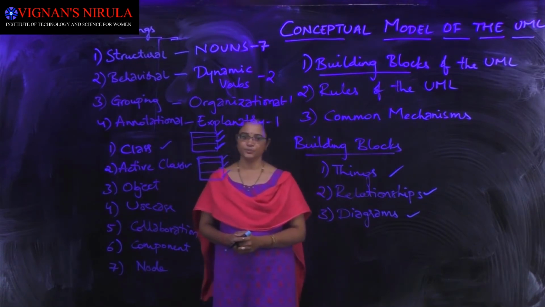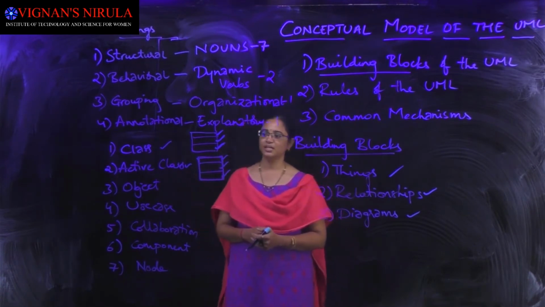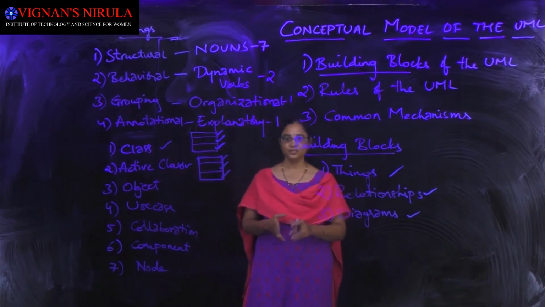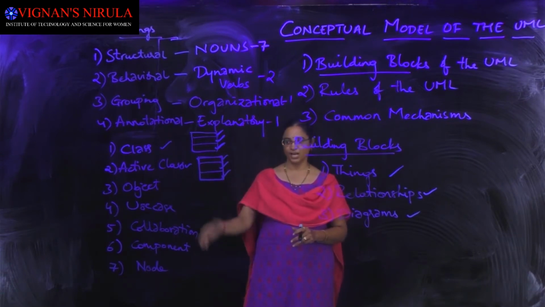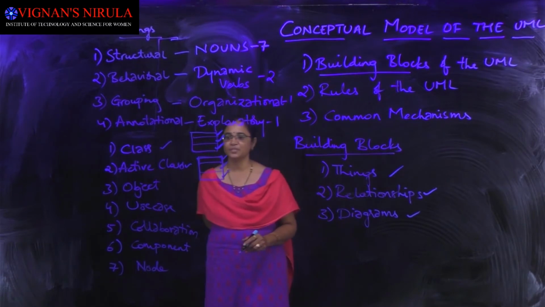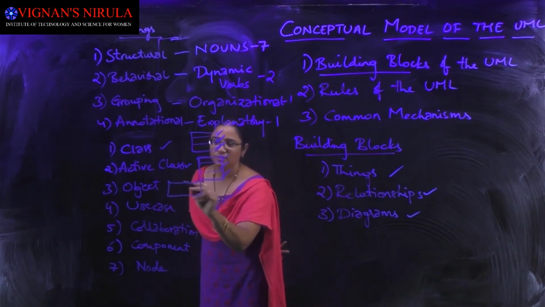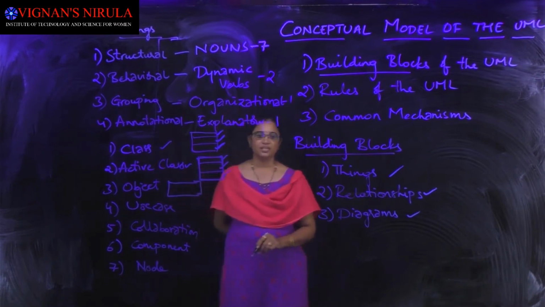Coming to the object. Object is nothing but an instance of a class. We know that class and object seem to be the same, but a class cannot be an object. Class is a collection of objects and object is an instance of a class. Graphically, an object can be represented by using a rectangle. This can also be known as a class icon.